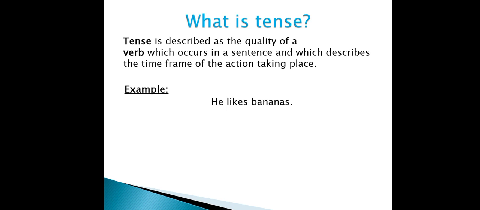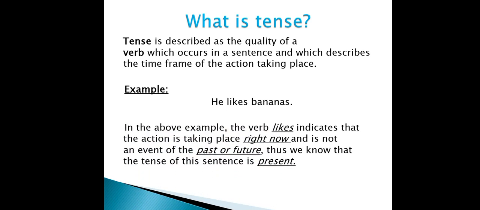The verb likes indicates that something is happening right now or happens on a routine basis. It is not showing the past or future, but it is showing the present tense. In this way, we can identify the time and duration of a task or an action by the help of the tenses.